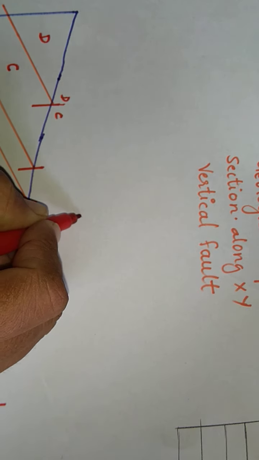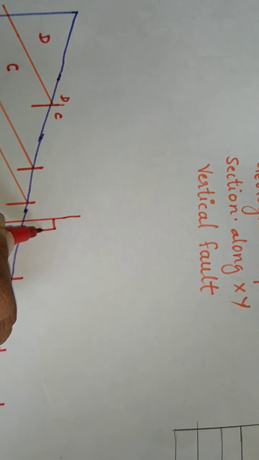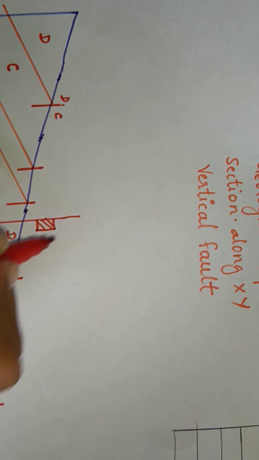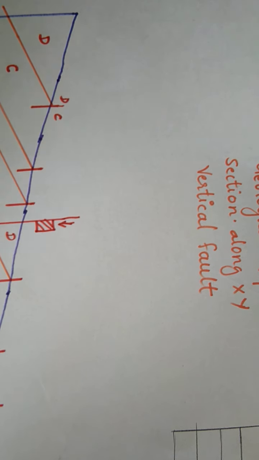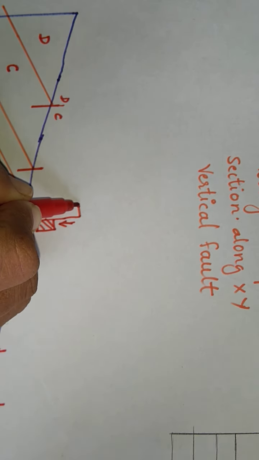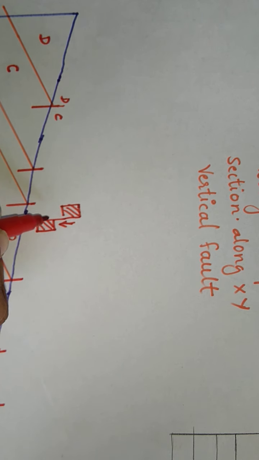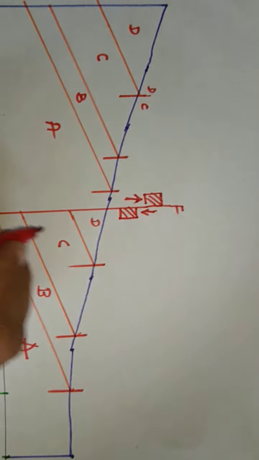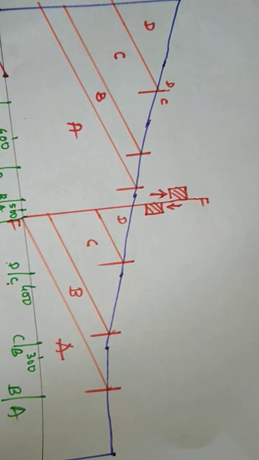So we will show this with a simple diagram. This side block has gone down, and this side block has gone up. So this is nothing but the fault. So this FF represents the fault.